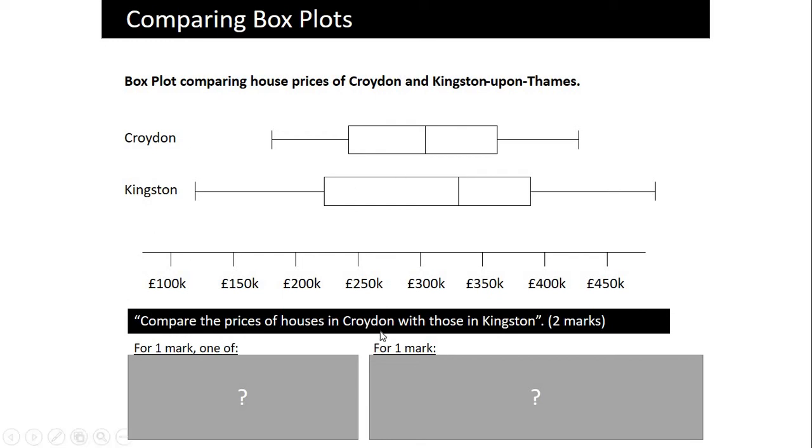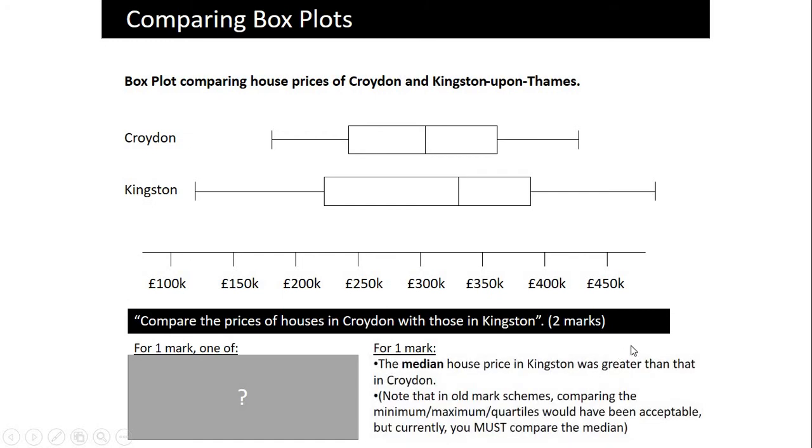Compare the prices of the houses in Croydon with those in Kingston. So if I reveal this one first, this one is the comparison of the median. So the median house price in Kingston was greater than that in Croydon. And generally in an exam, when it's easier to read from the scale, you can actually quote by how much it was greater as well.